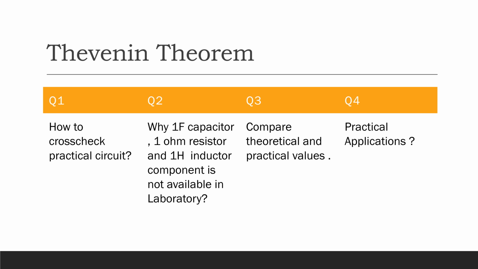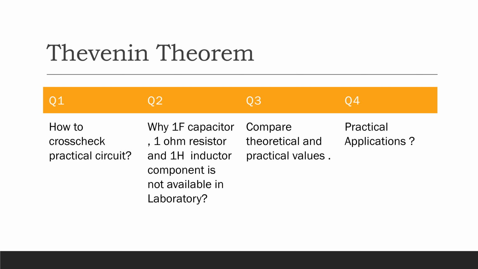These are basic questions when we start practically cross-checking Thevenin theorem or any theorem. First, how to cross-check a practical circuit? That means on a breadboard, if the reading is 2.5 volt, is it the correct value?